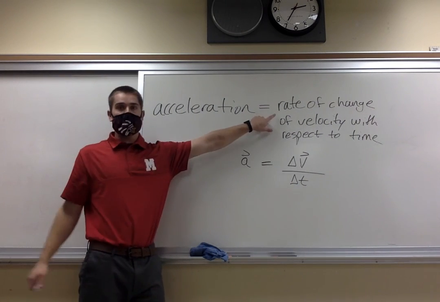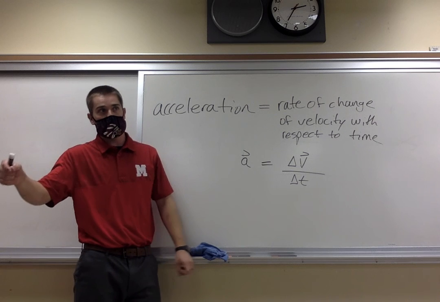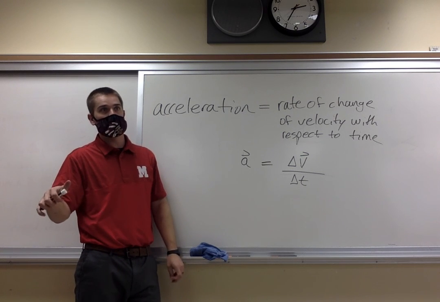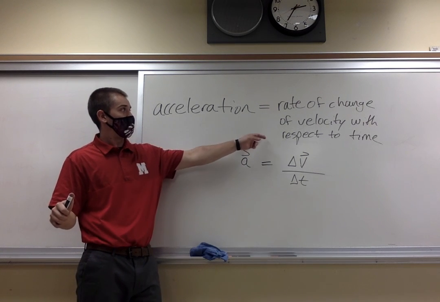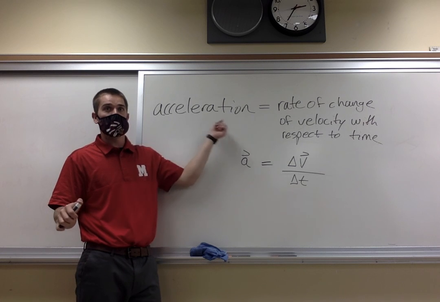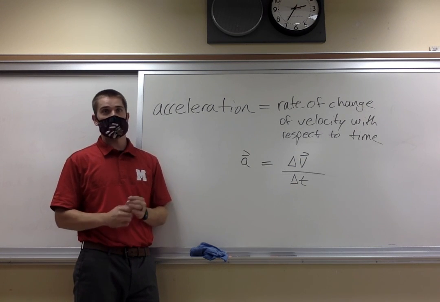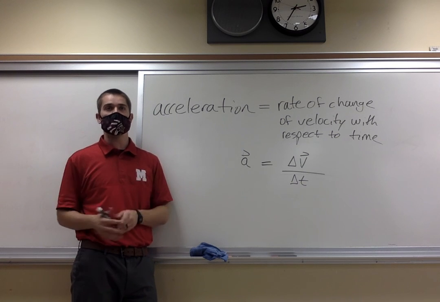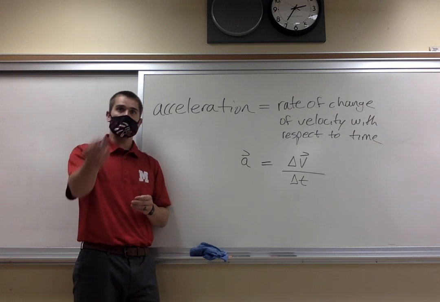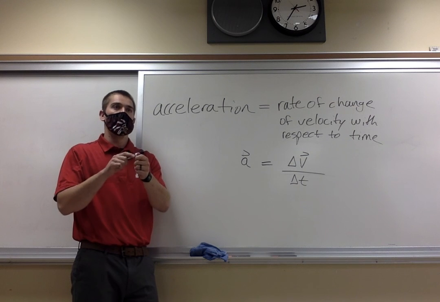If I look at how fast the velocity is changing with respect to time, that's an acceleration. They're parallels to each other. Velocity is how much your position changes with time.